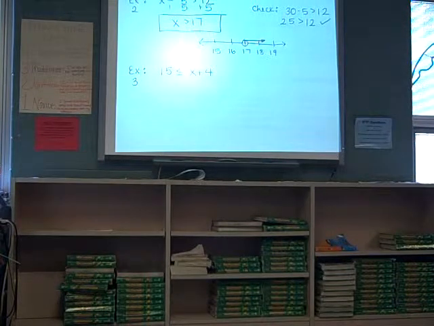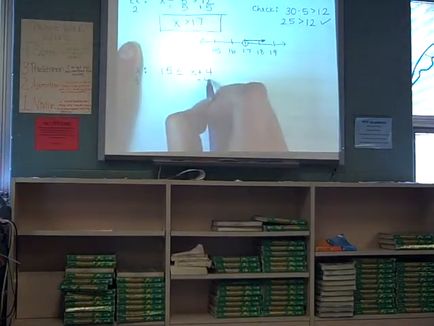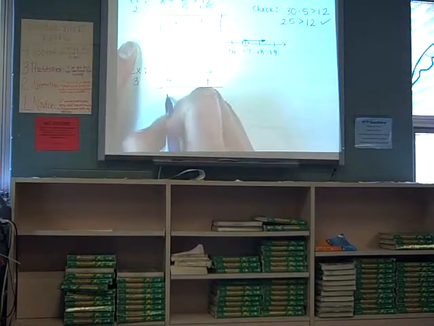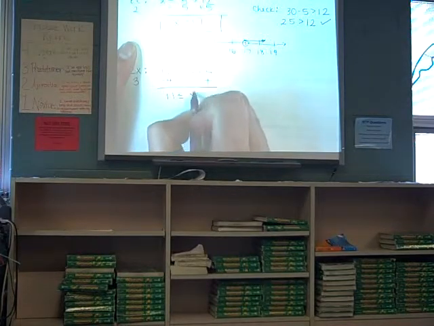We have a tendency to struggle when the variable is second. So we need to talk about that, and then what we do. Now, I have no doubt that we could solve this problem, so I'm just going to walk you through the solution. Subtract 4 from both sides. So we get 11 is less than or equal to x.